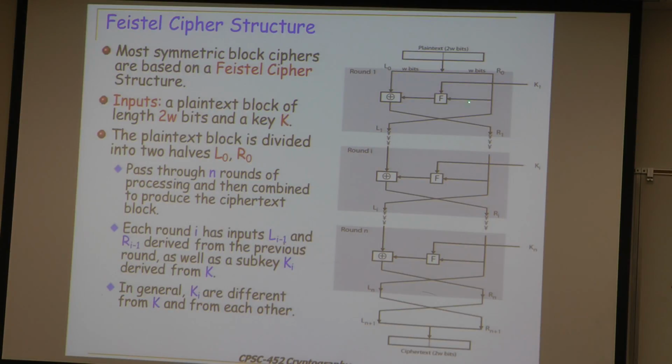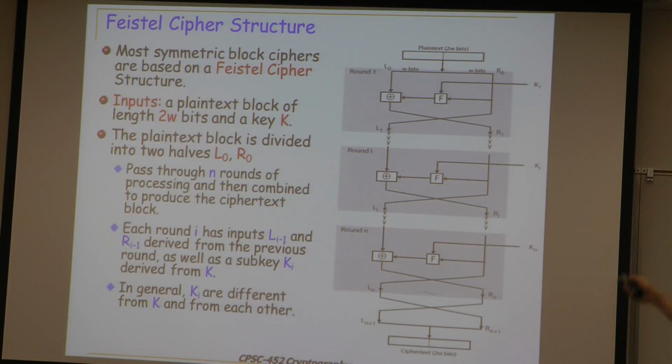Now, the output of that round function, the transformed right-hand half, is then XORed with my left-hand half. And the result of the XORing then becomes my new right-hand half, and the original right-hand half becomes my left-hand half. Now, what did I just do here, by the way? I swapped my right-hand half and my left-hand half, right?